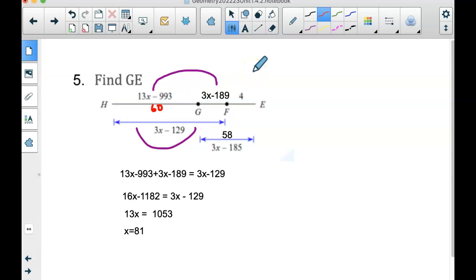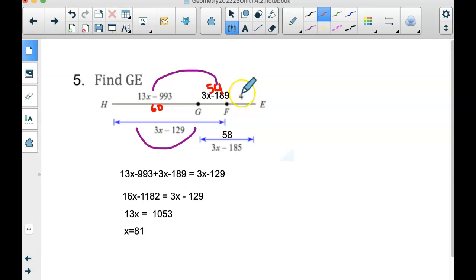Now I'm going to do 3x minus 189, and I don't have to store anything else anymore because it's in there. So I'm doing 3x minus 189, and I get 54. I don't have to really do some of the bottom stuff, but I'm doing it anyway.